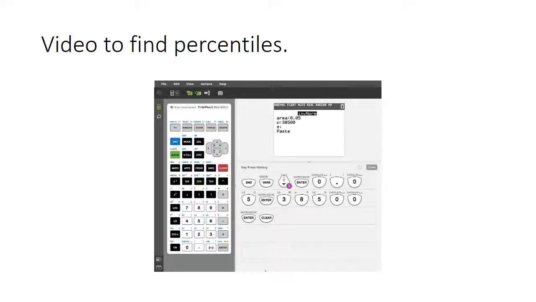Now, we need to find the standard deviation for this distribution of the sample means. We know the standard deviation for the population of all tires, that's 2,500. However, we are not looking for a percentile for an individual tire. We are looking for a percentile for a mean of 5 tires that we take as a sample.